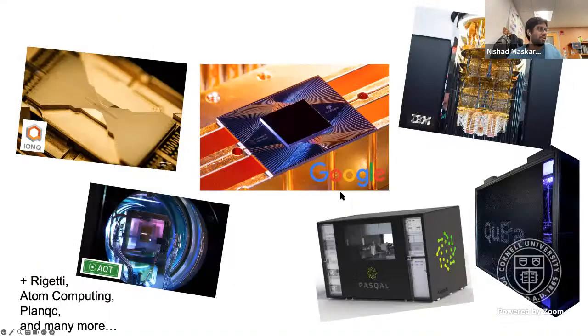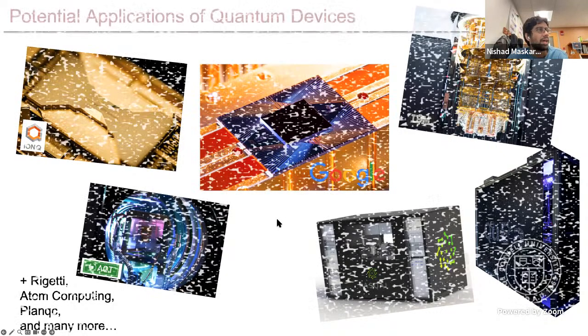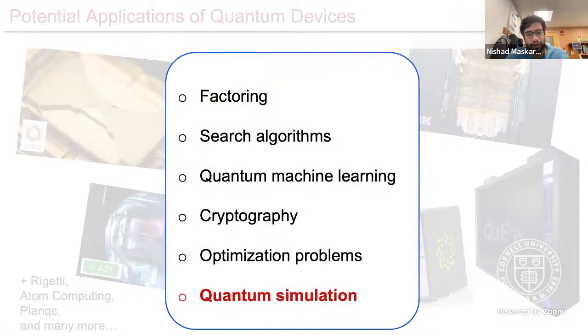So, as many of you know, quantum computing has been all the rage these days. Every week, there's a new startup that's trying to claim all kinds of quantum advantages for the different technology that they're trying to build. There's many different things that people say quantum computers can potentially help with, ranging from factoring and search to things like machine learning and cryptography and optimization problems.